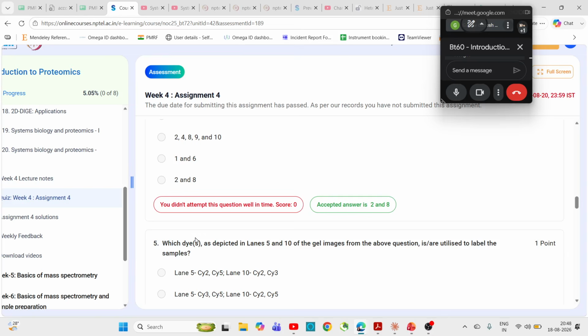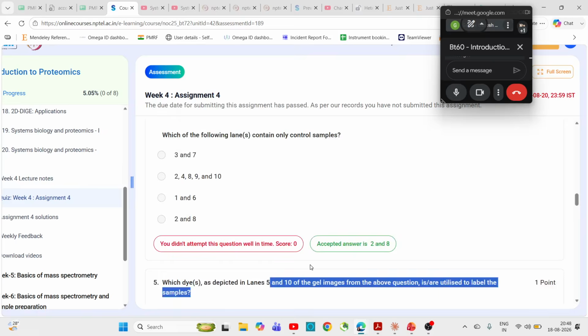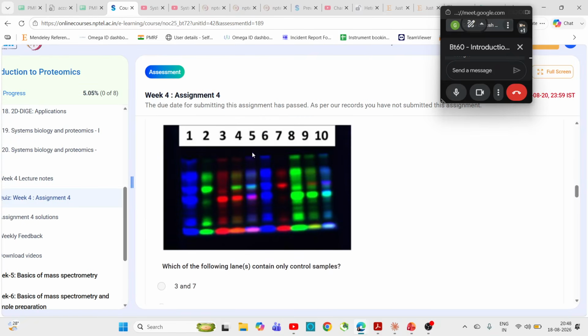Similarly, we need to predict which dye has been depicted in lane 5 and 10 of the gels, which are utilized for labeling the samples. So lane 5 and 10, can you answer? If you look at lane 5, it has bluish, it has pinkish as well, like red and white mixed together, whereas here we can clearly see that this might be having all three together, whereas this is having two samples together.